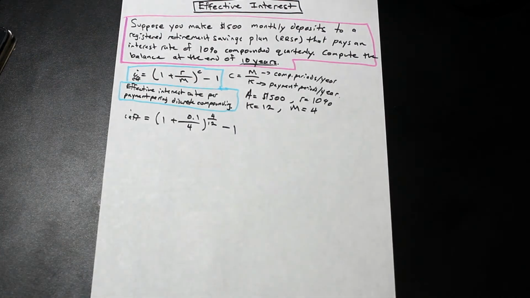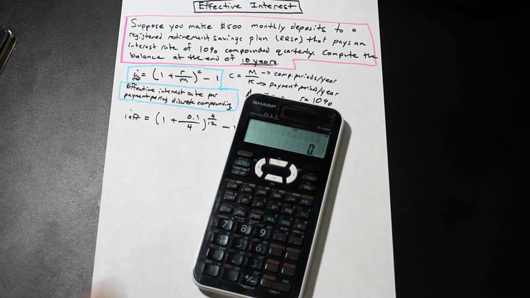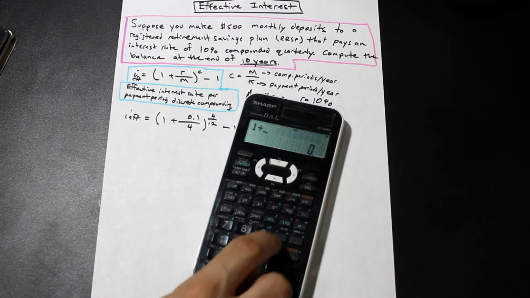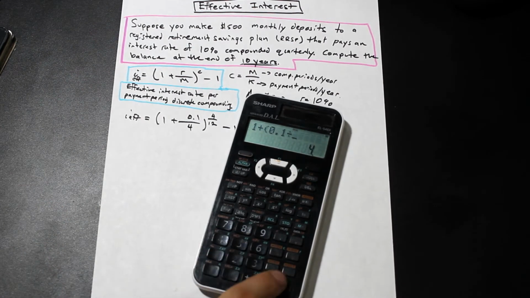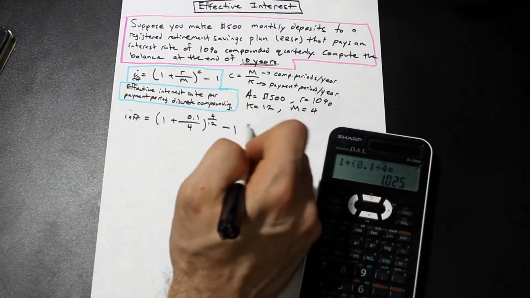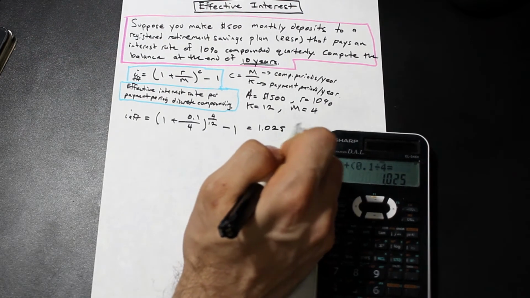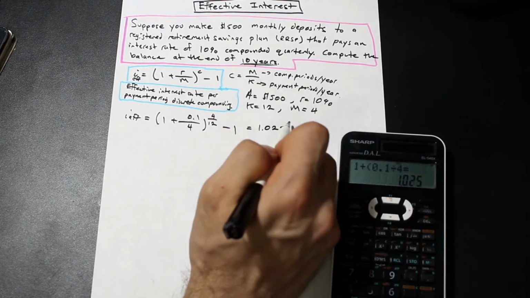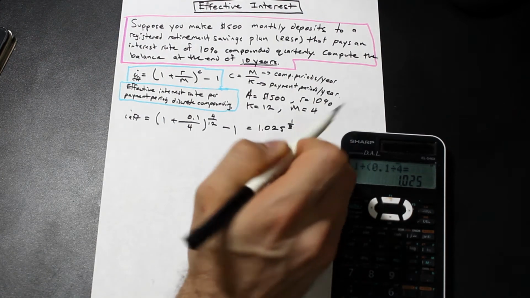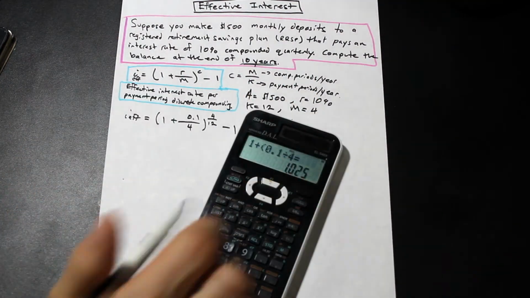So if we calculate that out, the inside of the brackets is going to be 1 plus 0.1 divided by 4, which is 1.025. 4 divided by 12 is going to be the power of 1 over 3, or the cube root, minus 1.